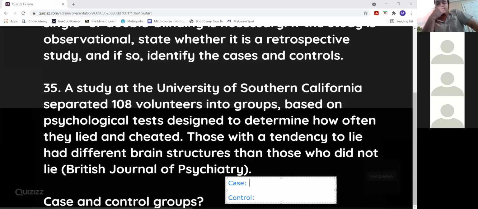So if I'm doing a study and using some kind of psychological test, I determine how often this person lies and cheats. And then I look at their lying and cheating and I determine that they have different brain structures. So what is my case and what is my control here?